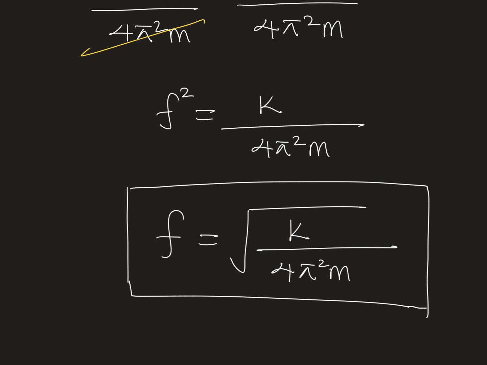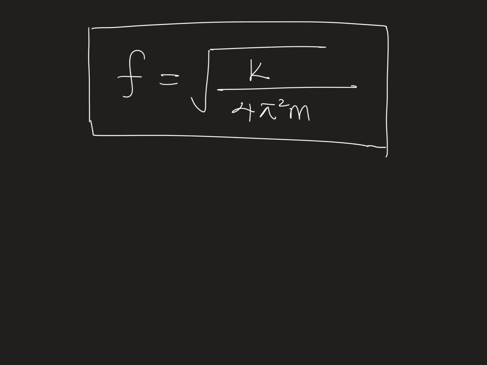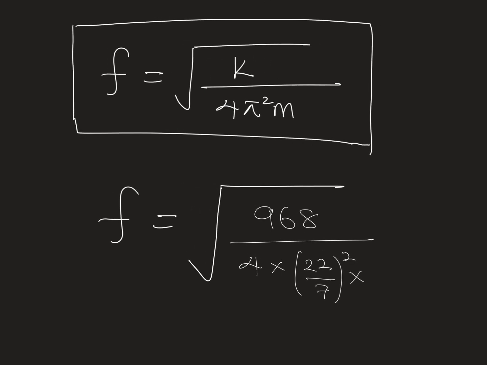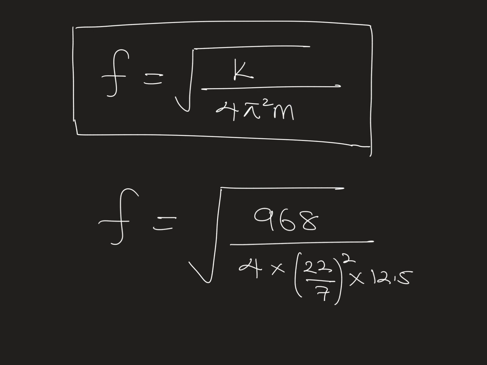Okay. Now if we want to use this, that will be F is equal to the square root of what is the spring constant. That is 968, right? 968 divided by 4 times pi is 22/7. That will be squared times the mass is 12.5.